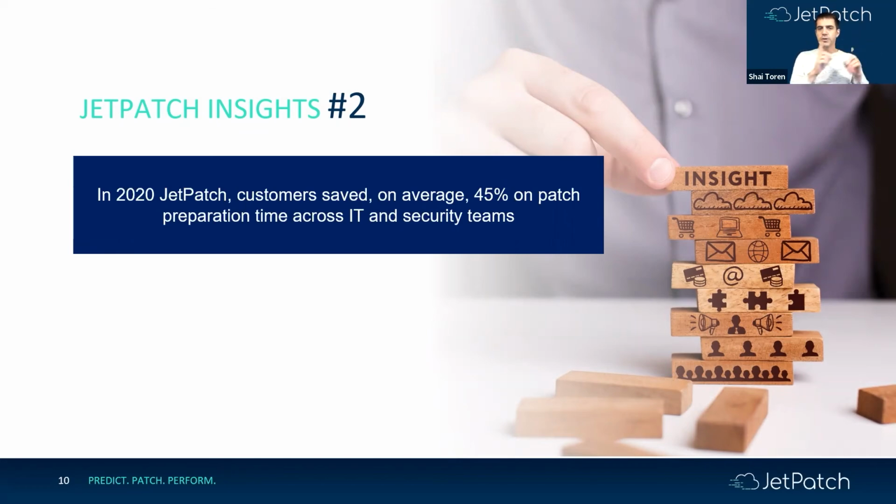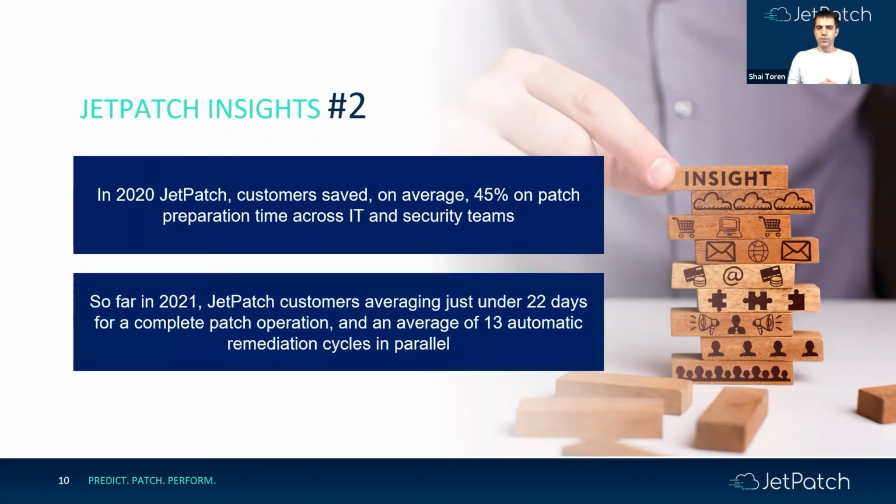These two teams, the security and the IT, again, think about the process, try to define all the steps in the process, and then measure it. 45% on the preparation time for IT and security could be saved on average by customers if you're using the right technology. In this year so far, we are talking about a customer averaging just under 22 days for a complete patch operation, and an average of 13 automatic remediation cycles in parallel.